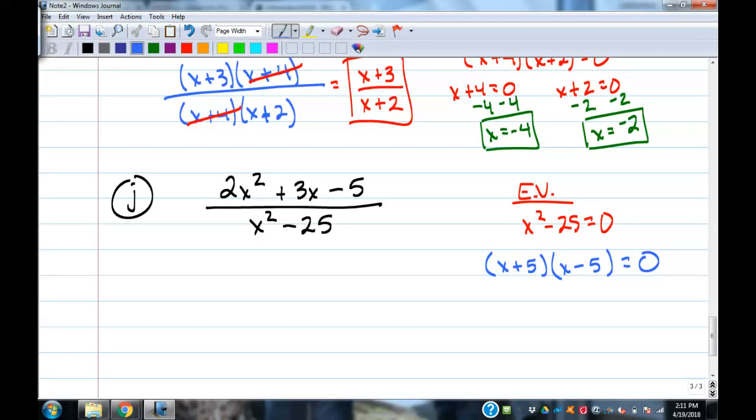Because it's a difference of squares, it always factors as x plus whatever squared gets you 25 and x minus whatever squared gets you that. What's positive 5 times negative 5? It is the negative 25. Yes, that's true. Now, what do we do with those? Set them equal to 0 to get this part. And when we go to simplify, we're going to put them on the bottom. So there's -5 and +5 as our excluded values.